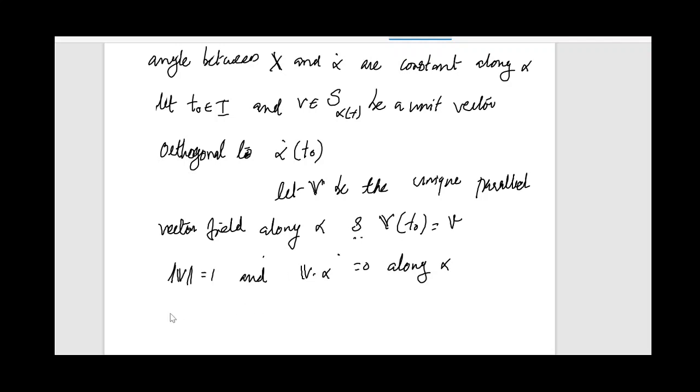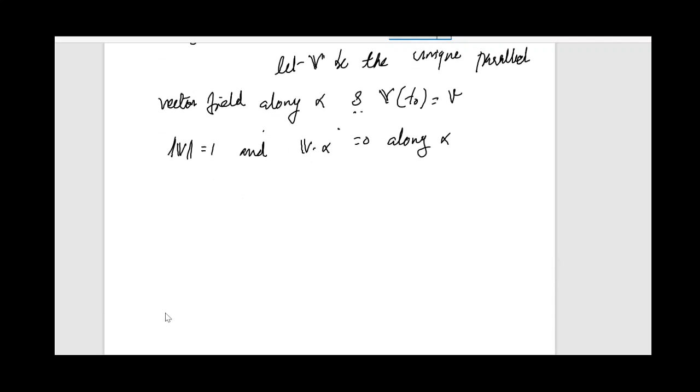So we can follow this. I will write in this bracket. We have norm of v is a constant along alpha.